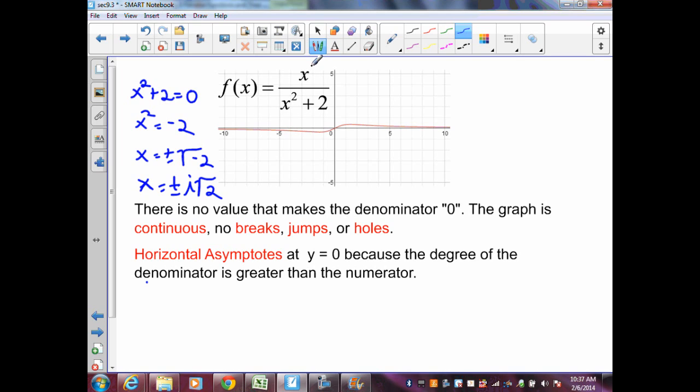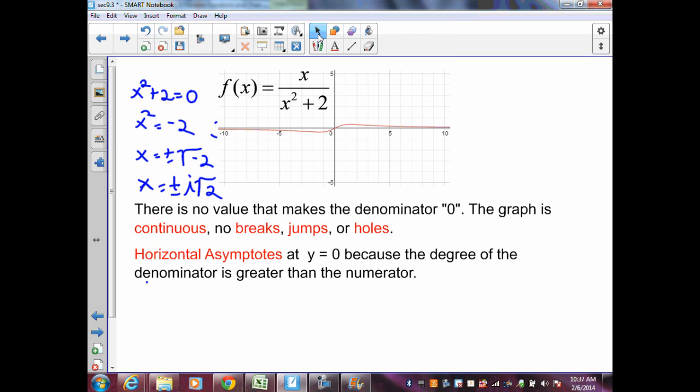And when that occurs, I have a horizontal asymptote, even though I don't have it shown here, at y equals 0. And you're going to notice something very interesting about my graph. You can see my graph intersects the horizontal asymptote at 0, 0.